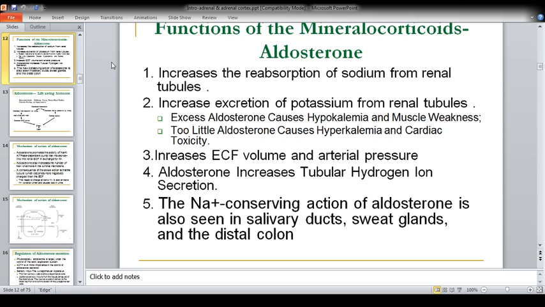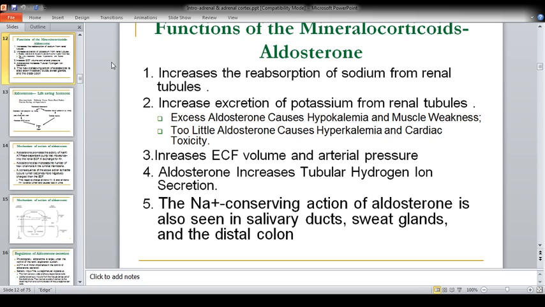Now remember one thing, water follows sodium. So wherever sodium goes, water would go with it. So if the sodium is being reabsorbed, water is being reabsorbed from the tubule. Remember this. If sodium is being excreted, then water is being excreted from the renal tubule.